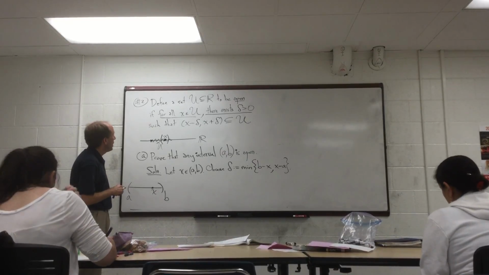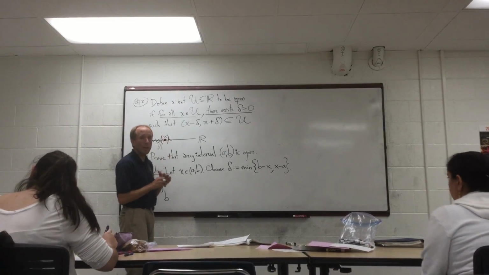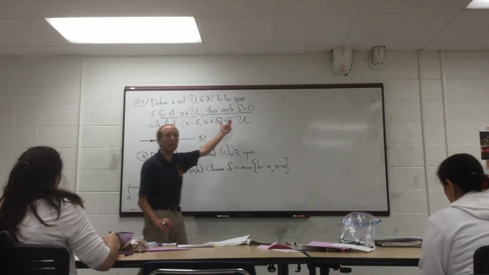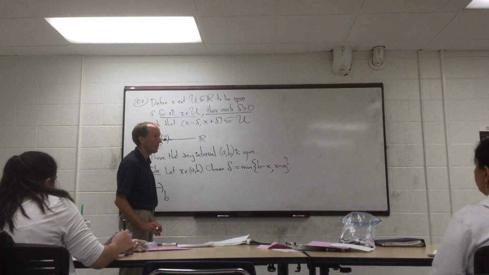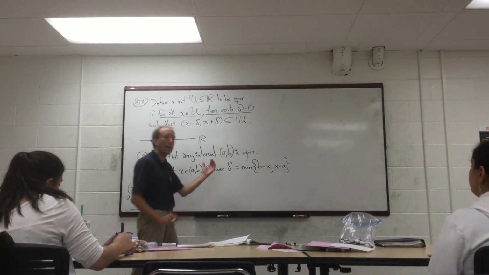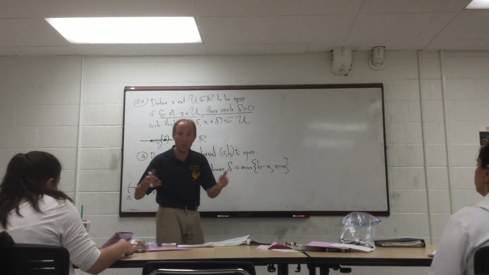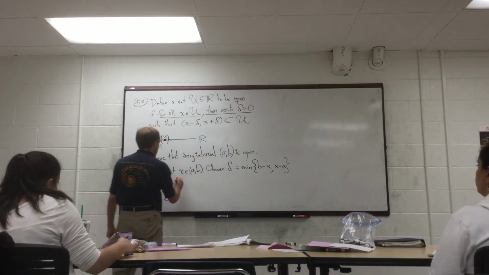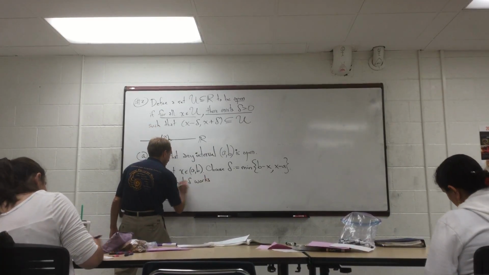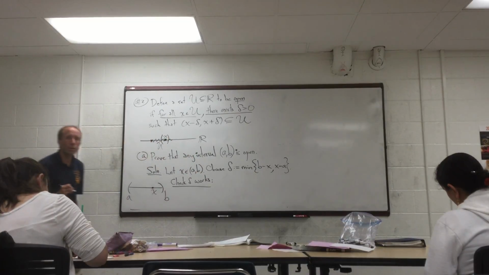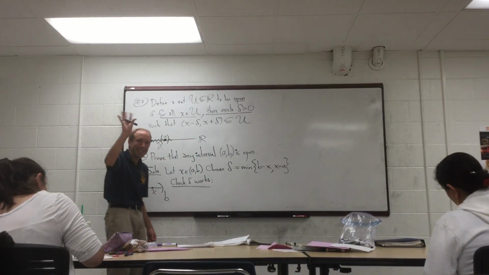And now the claim is that this interval is completely contained in the open interval (a, b). Okay? So we should check. Whenever you write down the delta, then you want to check that that delta works. This will not take too much work to do.